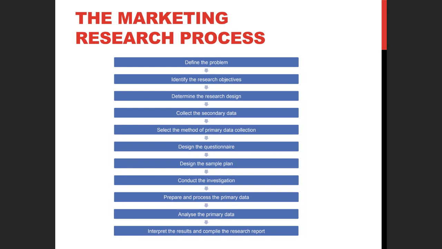Another example of non-probability sampling is snowball sampling. So you also need to know when it is most applicable. What are its advantages? What are the disadvantages? In what situations should it be used?